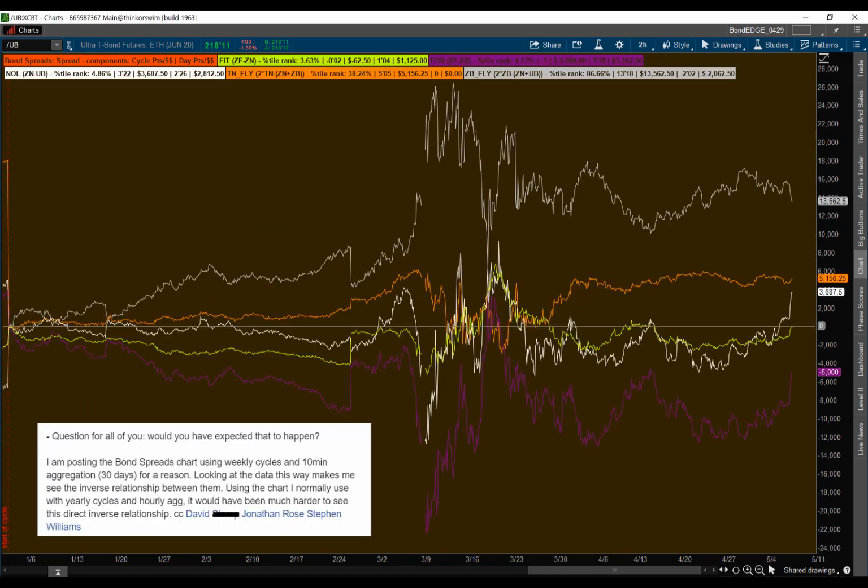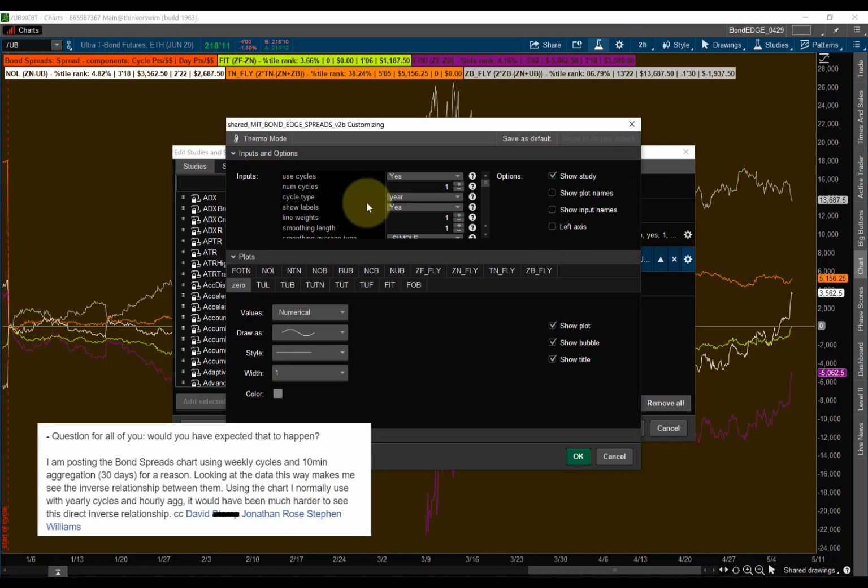I am posting the bond spreads chart using weekly cycles and 10-minute aggregation. Looking at the data this way makes me see the inverse relationship between them. That's the chart we just went over. Using the chart I normally use with yearly cycles, yes, cycle type, year.